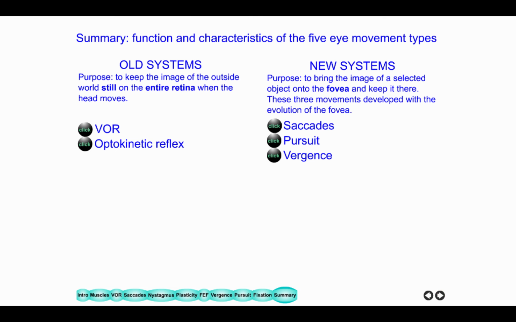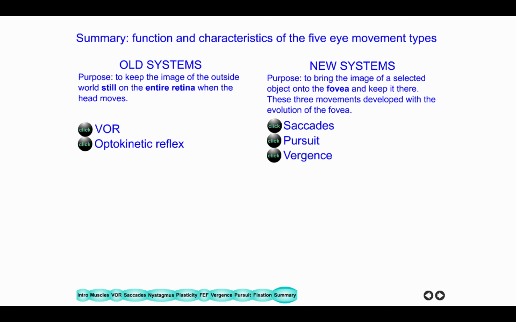Okay, so we covered today that you've got these movements, and they have different functions and different characteristics. And two of them, the VOR and the optokinetic system, belong to an old system. They're movements that are present in the earliest species, like fish.